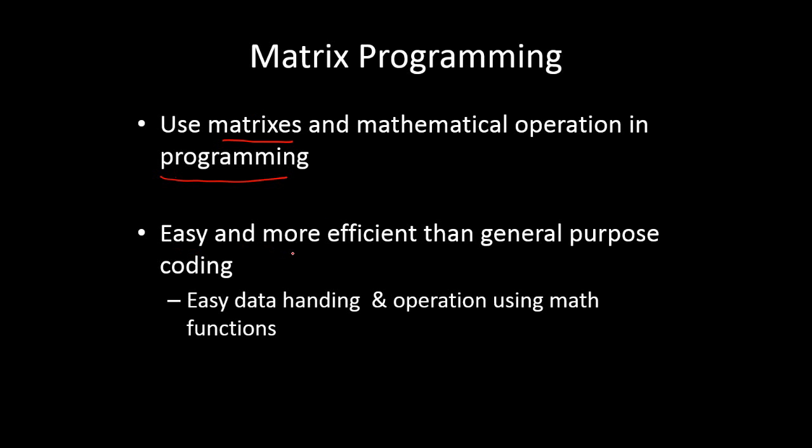It's easy and it's more efficient than general purpose programming, and we'll take a couple of examples where we'll show how efficiently you can use these features of matrix programming to do better coding, and it really helps handling data, and it allows us to use a number of mathematical functions which makes our life easy while handling data.